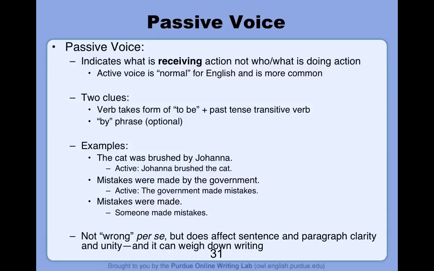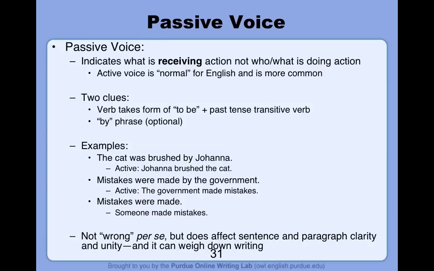Passive voice isn't wrong per se, but it does affect the sentence and paragraph clarity and unity, and it can weigh down writing. It can also be used as a way to deflect responsibility. And what makes writing interesting and fascinating and strong is when there's agency, when we're clear on who is doing what, and the subject of whatever sentence is taking responsibility for that.